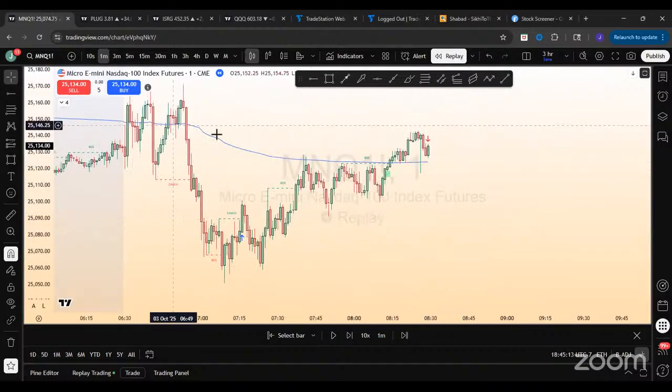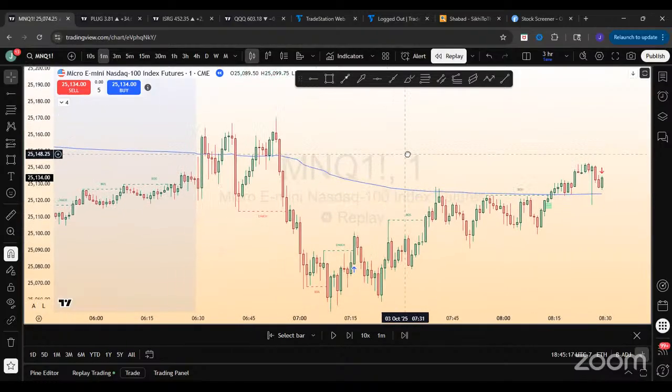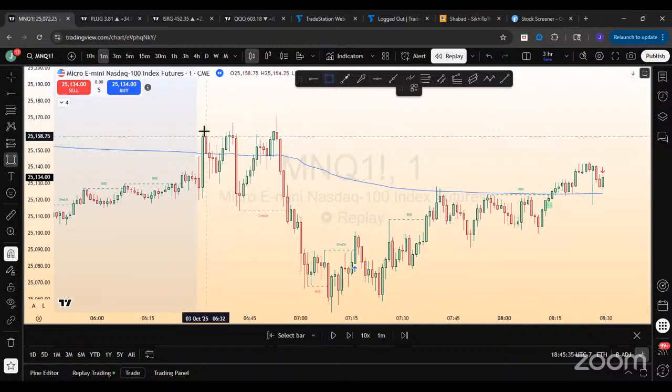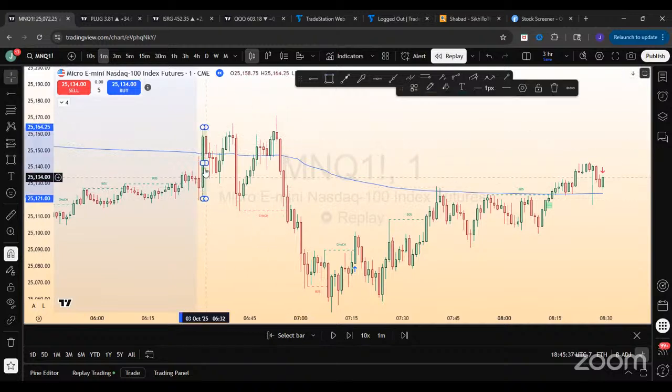Plus, like I said, intraday VWAP. Look at this action. Normally they say don't trade before 6:45, and that is for a reason. To me, anything before 7 Pacific time or 10 Eastern time is kind of choppy.